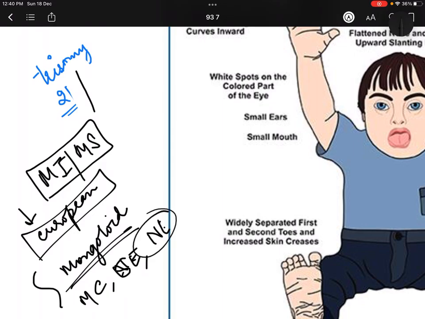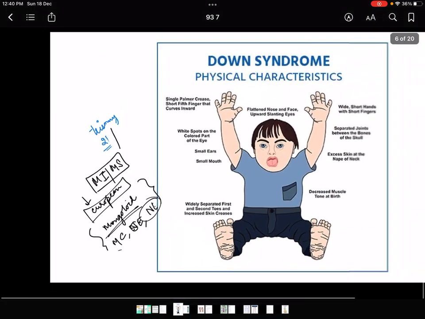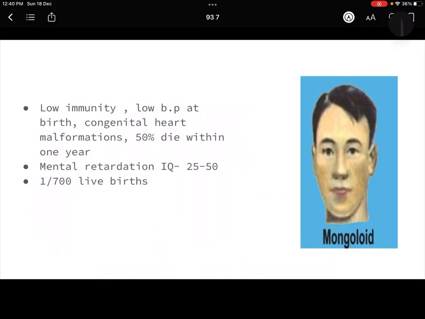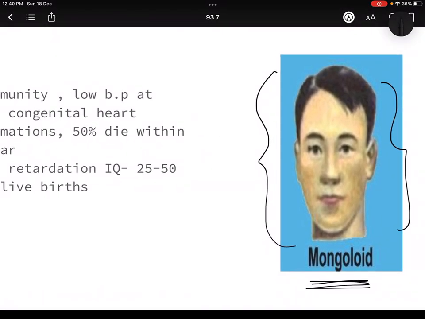So these are Mongoloid type characters. I'll just show you a picture also so that you have an idea. This could be roughly a cartoon picture of a Mongoloid face. That means they have these kinds of eyes, they have the epicanthic fold.